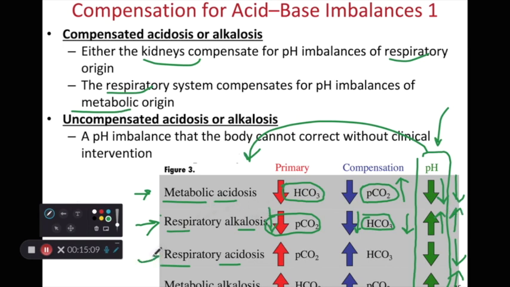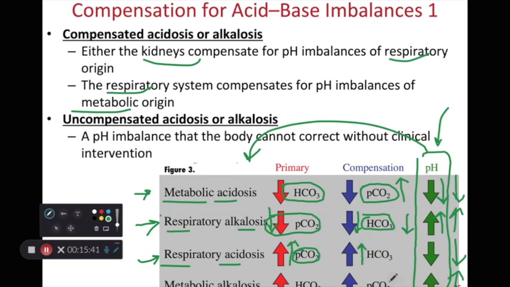If we have respiratory acidosis, we find that we have too much carbon dioxide in the blood. We've been holding our breath too long, or we don't breathe in and out enough. So the primary cause of respiratory acidosis is that the blood carbon dioxide concentrations are too high. In response to elevated blood carbon dioxide, or respiratory acidosis, our urinary system will respond by increasing the amount of bicarbonate ions in the bloodstream.